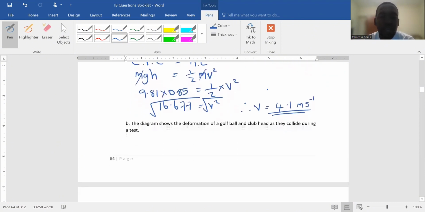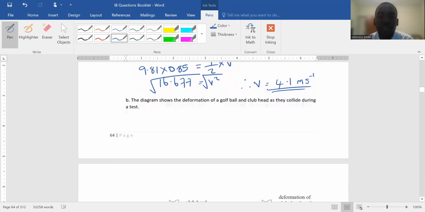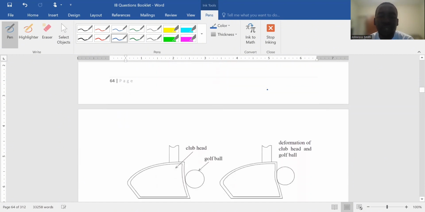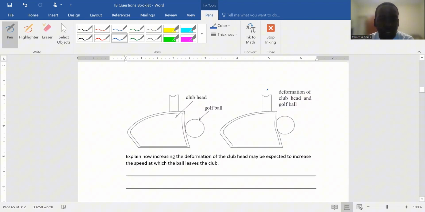All right. The diagram shows the deformation of the golf ball and the club head as they collide during a test. Explain how the increase in deformation of the club head may be expected to increase the speed at which the ball leaves the club.